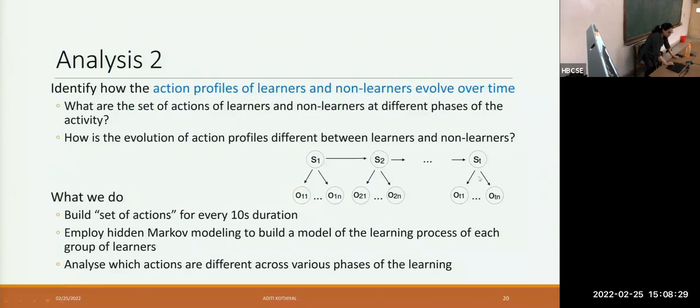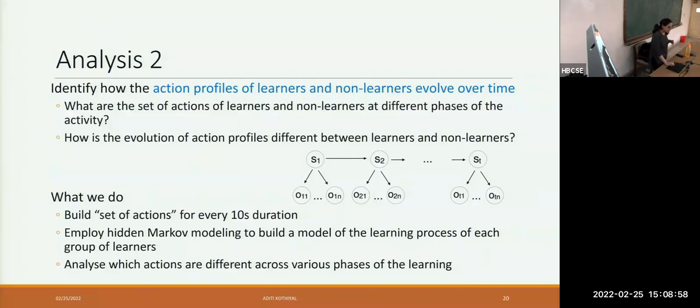Then we assume that these actions are representative of a hidden state of learning. So it's some hidden process of learning happening underneath that we don't know and that we want to find out. And these behaviors are just the representation of that state.